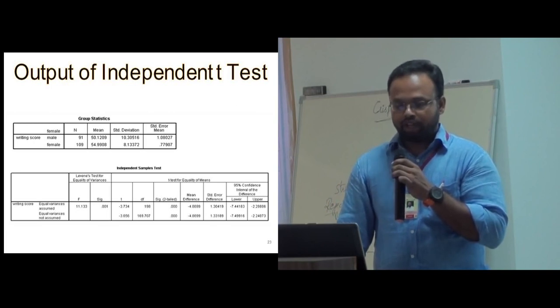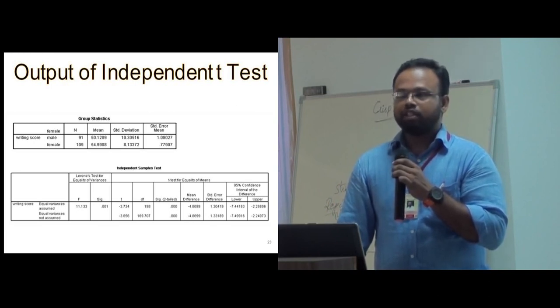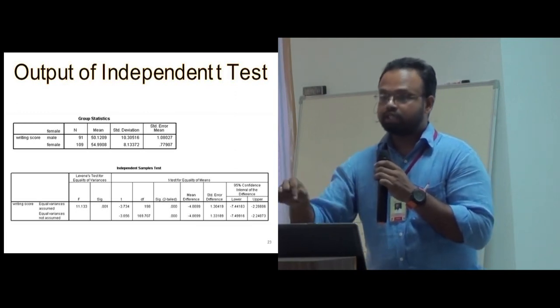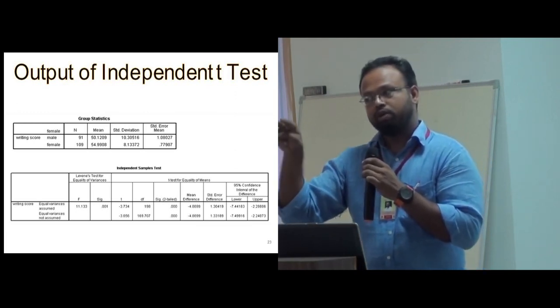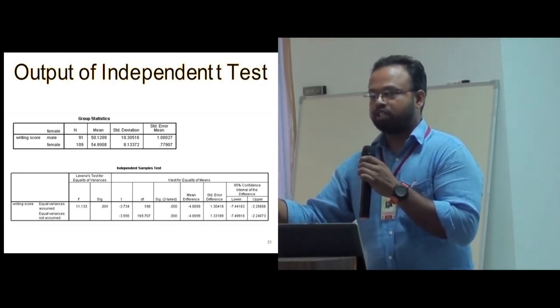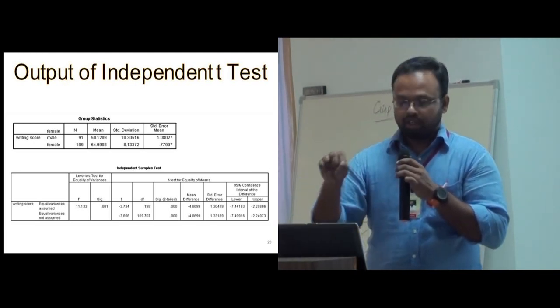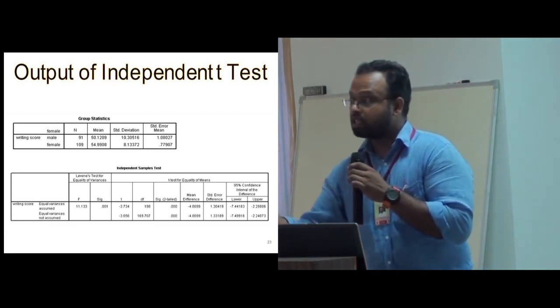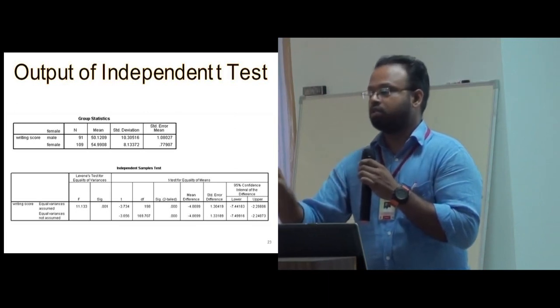When the equality of variances is not there, then you cannot use this independent t-test. So independent t-test now has two assumptions. One is the normal distribution assumption, and the other one is this Levene's test assumption.